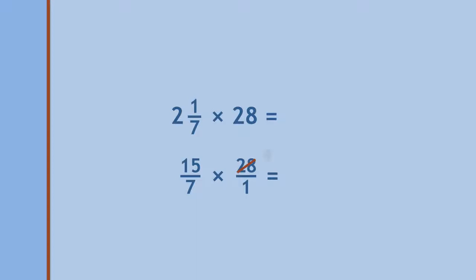So we're going to cancel out. 7 goes into itself once, and 7 goes into 28 4 times. So now we can multiply straight across. 15 times 4 is 60, and 1 times 1 is 1. And we know that any number over 1 is simply the whole number, so 60 miles.